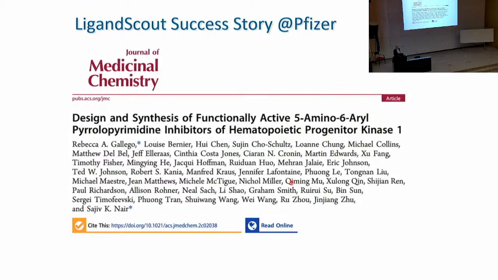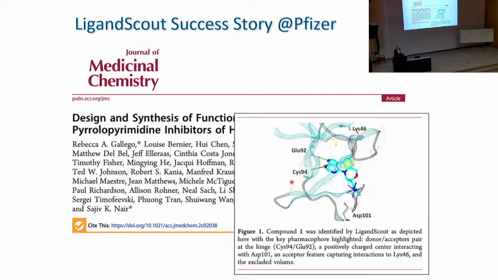This is an example from Pfizer that they published a year ago. They had screened their library with a lot of methods and never found anything. With Ligand Scout, they identified a compound, which they call compound 1, in a specific kinase, and with 2 chemical modifications.